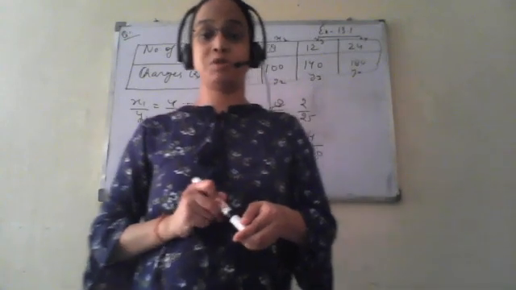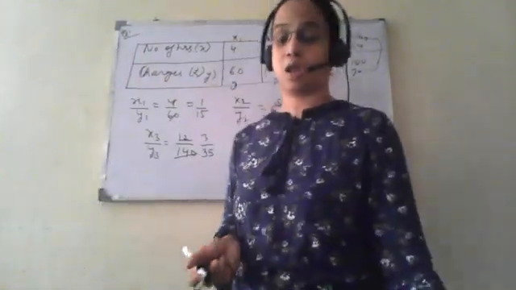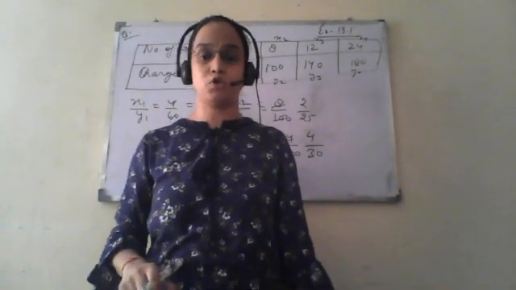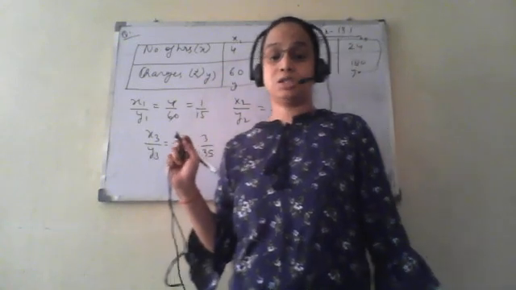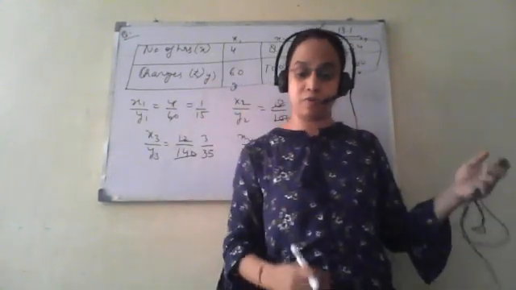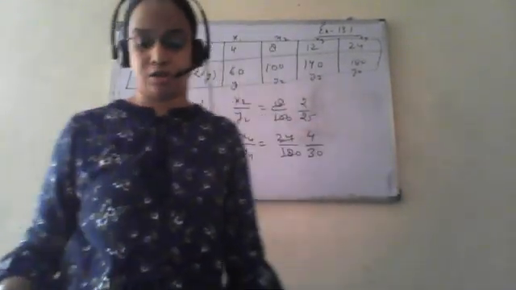So what we are observing is that these ratios are not equal, or these ratios are not constant. Since these ratios are not constant, they are not in direct proportion. So we can write down that since the ratios are not constant, therefore the number of hours and parking charges are not in direct proportion. Clear?